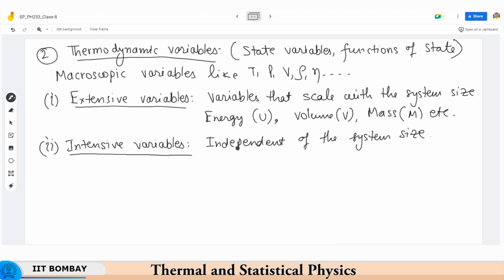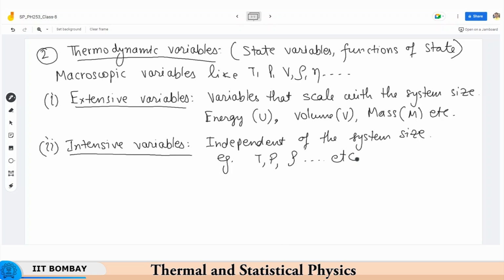Examples are temperature, pressure, density, etc. So the temperature of this room is not very different from the temperature of Mumbai city. Temperature is that intrinsic, or intensive, variable which is independent of the size of the system that we are interested in. Similarly, pressure inside this room is 1 atmosphere and outside this room is also 1 atmosphere. Similarly, the density of these gas molecules does not depend upon the size of the system.